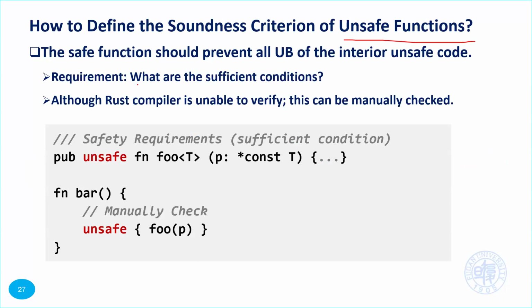We should recall the interior unsafe code. If the function is safe and it contains unsafe code, it should prevent all the potential undefined behavior of the unsafe callee. So the developers should provide all the safety constraints of the unsafe function, and they should be a sufficient condition to prevent all the UB. So this is a requirement.